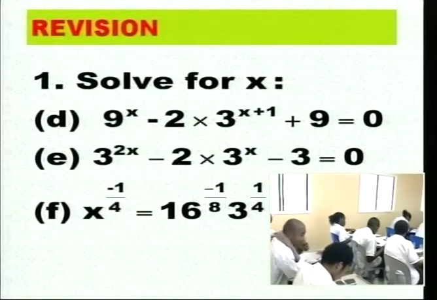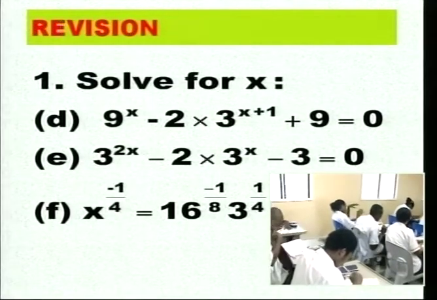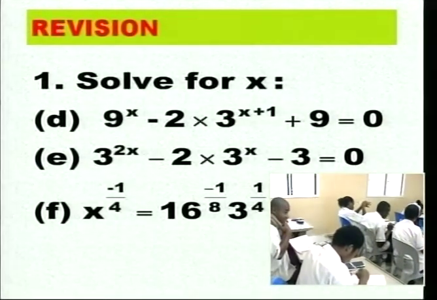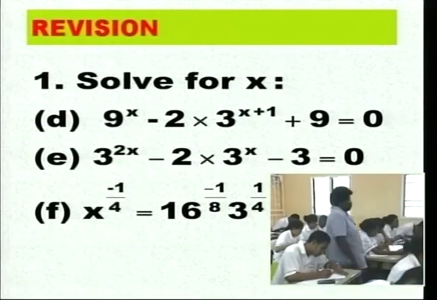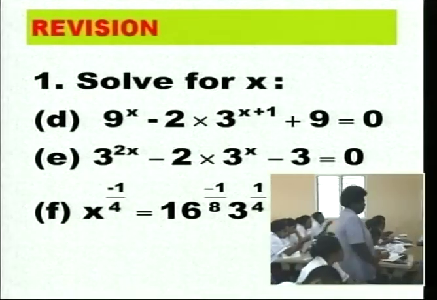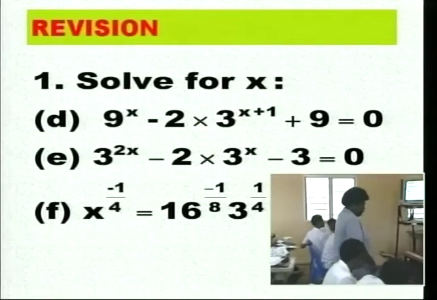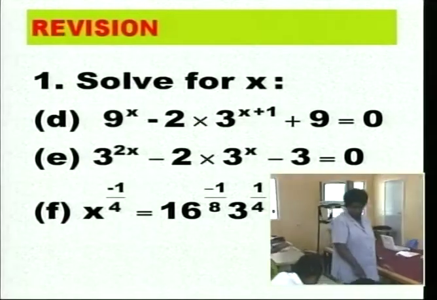And then it will be a quadratic equation, and then we did it right at the beginning. Right, to do letter D and E properly, you have to check what we did at the beginning of the topic.